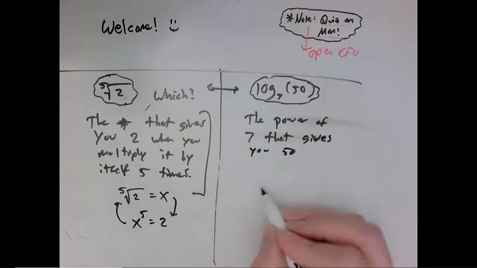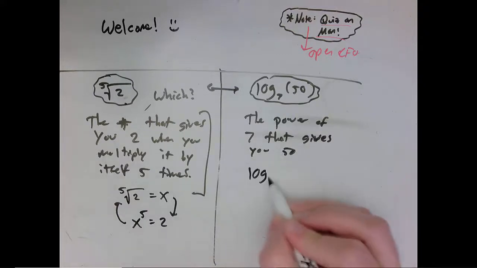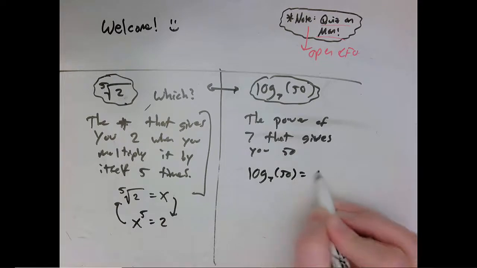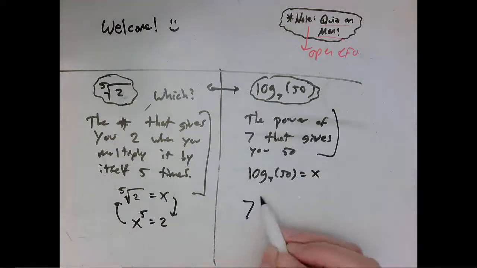In other words, if I give log base 7 of 50 a name, like x, I'm saying that 7 to the power of this number gives us 50. 7 to the power of the power of 7 that gives me 50 gives me 50.